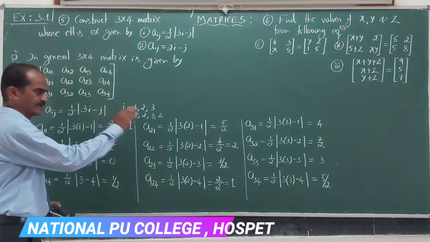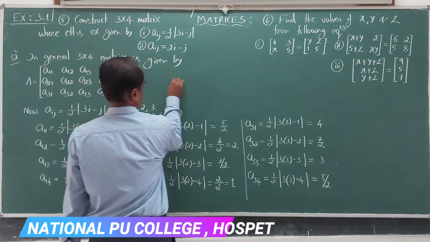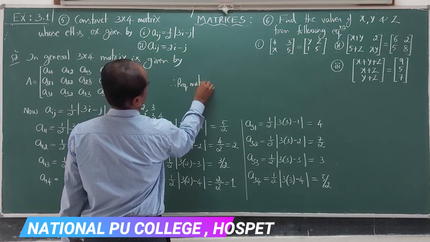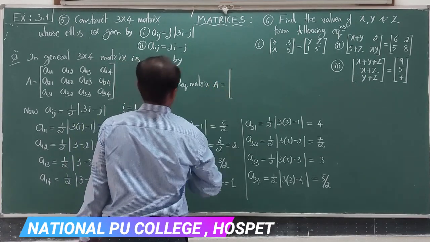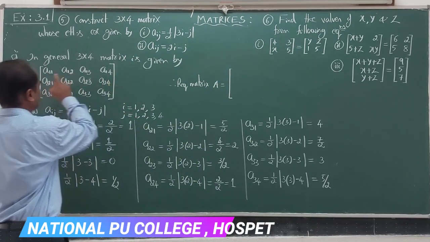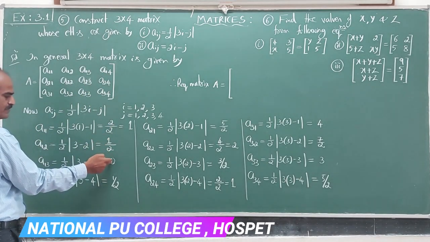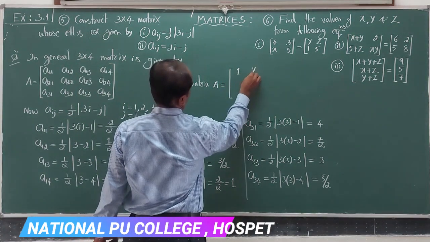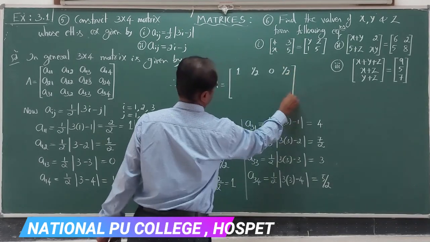Now, after getting this, below this, you have to write, therefore, required matrix A equal to, yes, now first row elements A11, A12, A13, A14. Here we listed 1, 1 by 2, 0, 1 by 2.